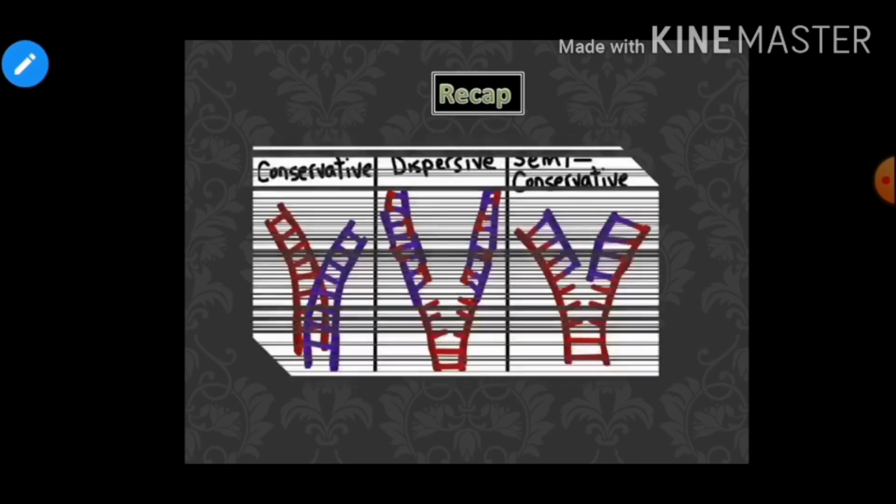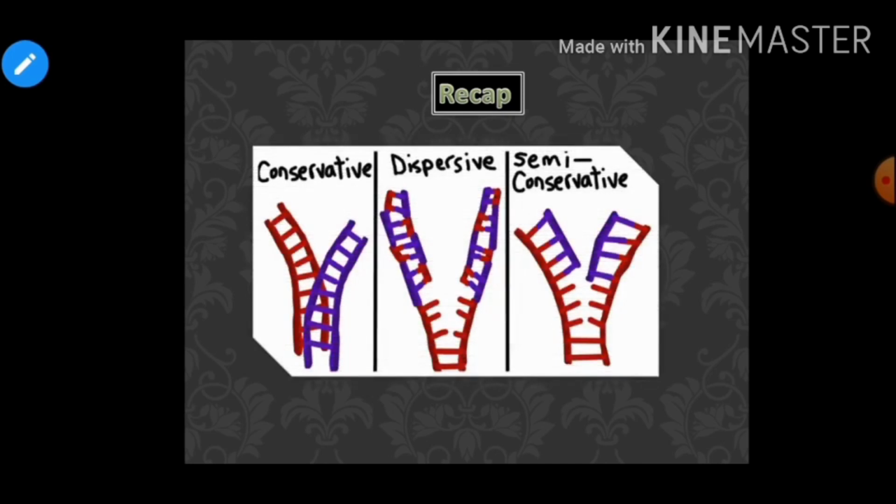Children, yesterday we discussed the different modes of replication which were suggested by the scientists. That is conservative mode, dispersive mode and semi-conservative mode. So there are three theories of DNA replication which were proposed by scientists from time to time.